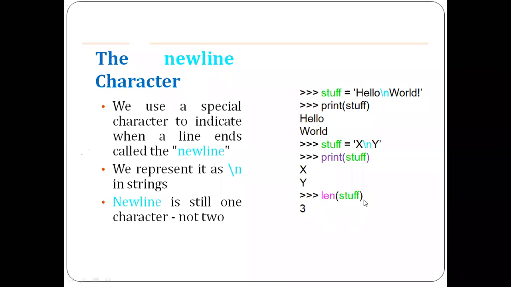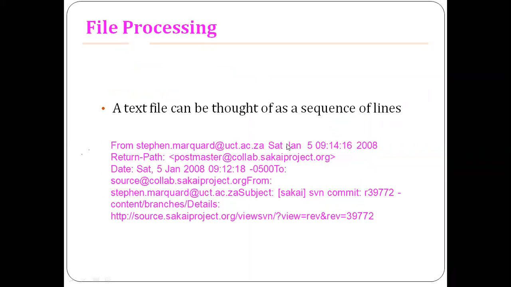And if you look at the length of the entire string, it is going to print 3, stating that x is one character, backslash n is one more character, and y is the third character. So the length of the entire string is 3, right? Using this backslash n, you can manipulate these things.